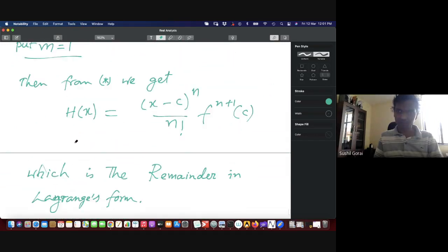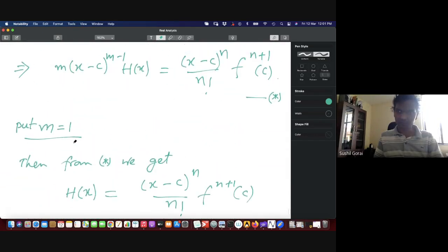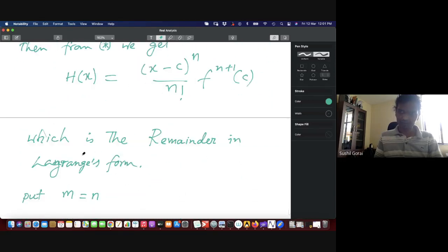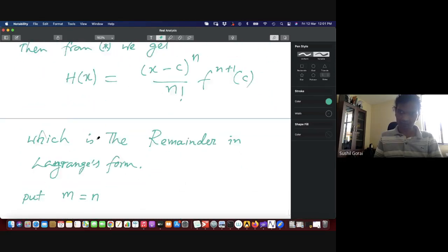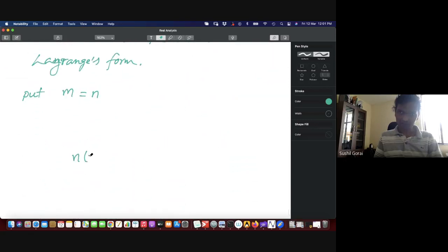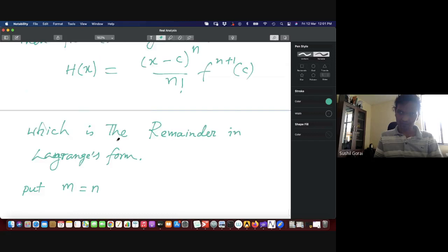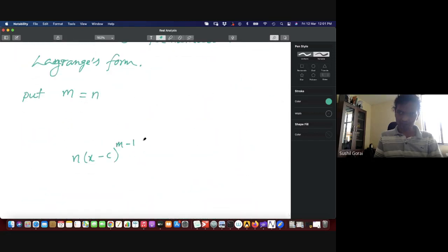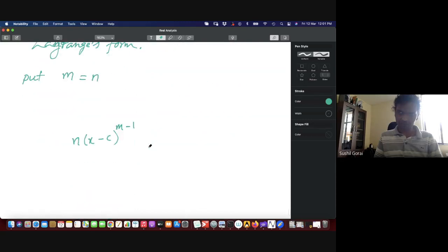And if m is equal to n, then this should be n times (x minus c) power m minus 1 h(x).